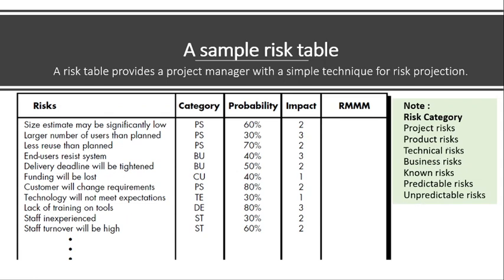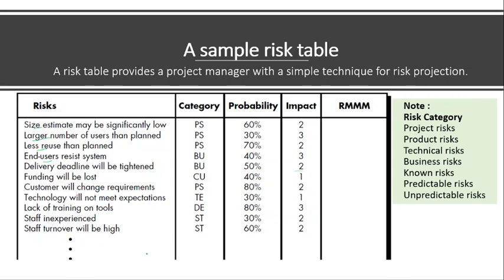Then we'll see an example of the risk table here. In this case we are listing out all the risks. These are the possible identified risks based on our project. Based on our project, we have identified the possible risks from the known and predictable risks.